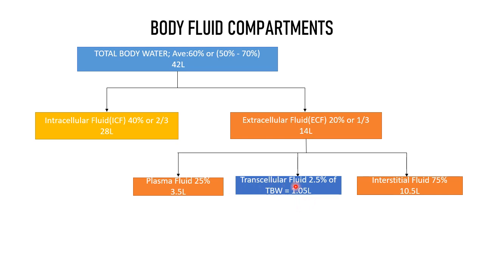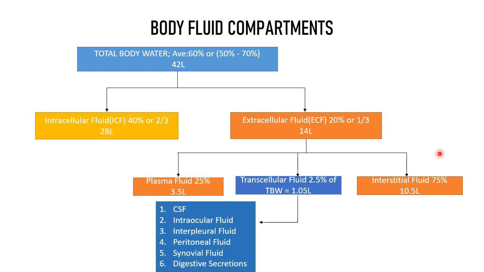Then this transcellular fluid, as small a proportion as it is, is composed of other sub compartments. You have CSF, which is simply cerebrospinal fluid, the fluid found in our brain and spinal cord. It cushions our brain and our spinal cord.